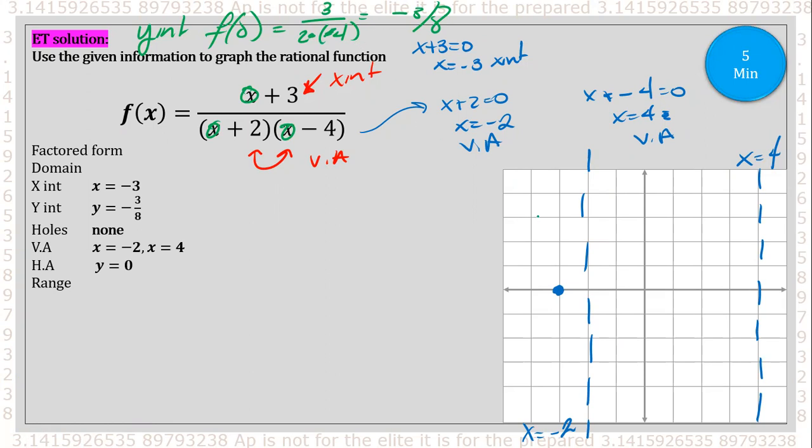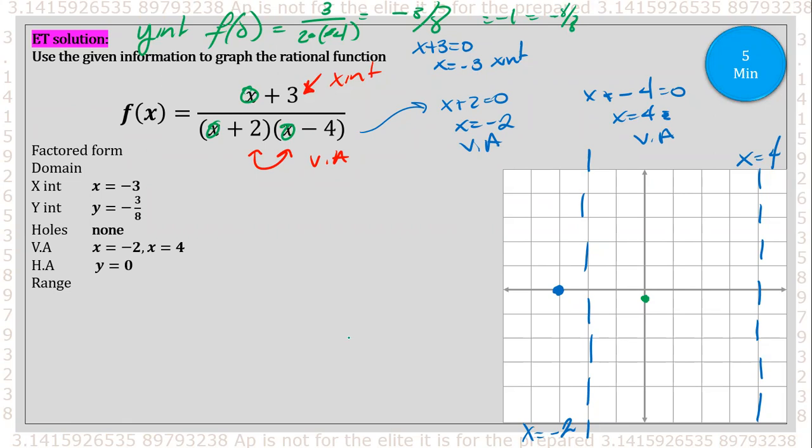So -3/8 is not a whole number, it's just a negative something around here. I know it is less than 0 and bigger than -1, because -1 is the same thing as -8/8, so that's how I was able to guesstimate that. That's where it touches the y-axis.